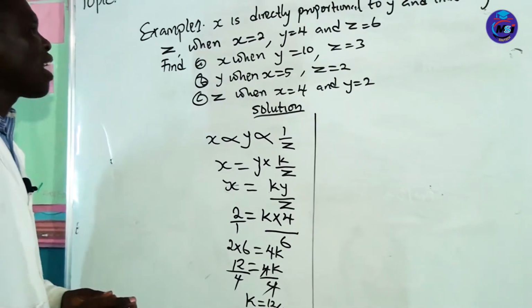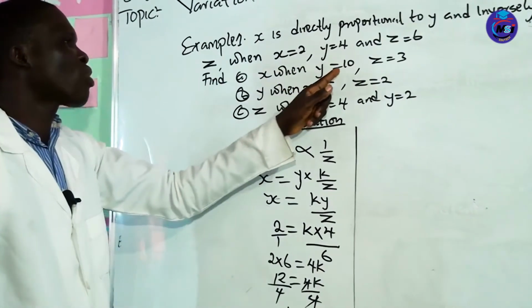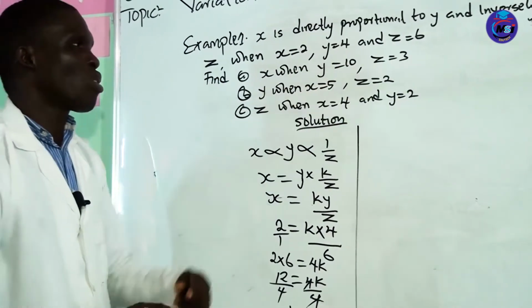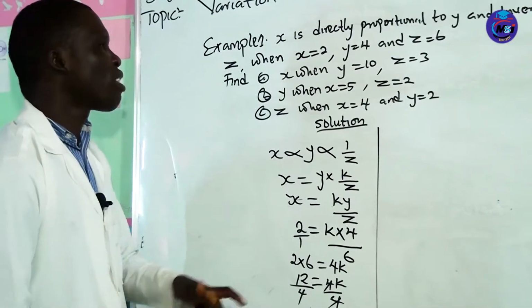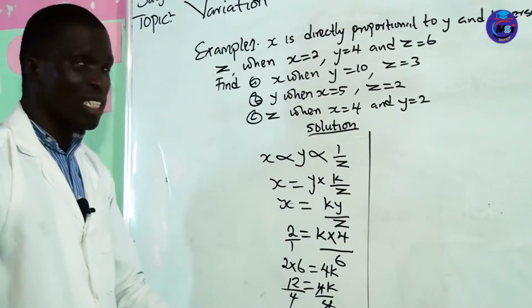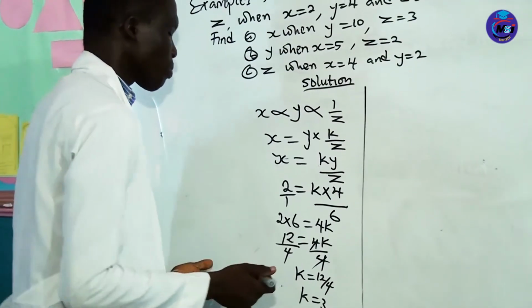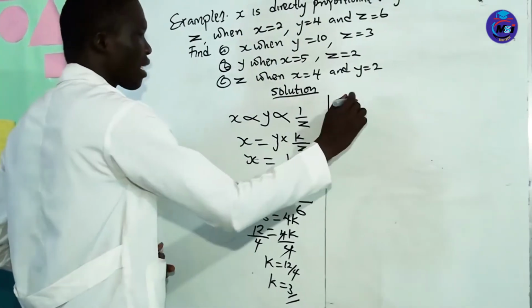Our question number 1 is to find X when Y equals 10 and Z equals 3. Nothing concerns you with X, Y, and Z here again once you get your K. So don't get confused. Okay, so we repeat the formula.